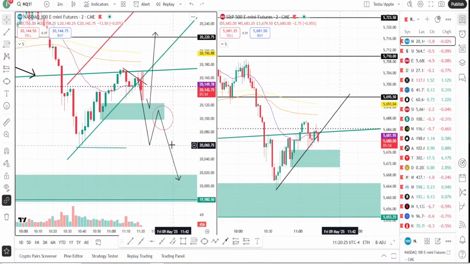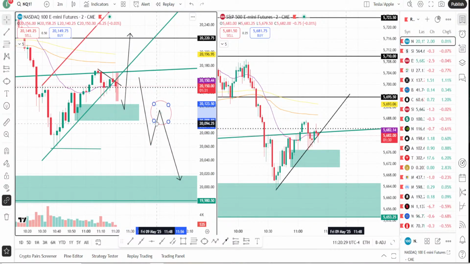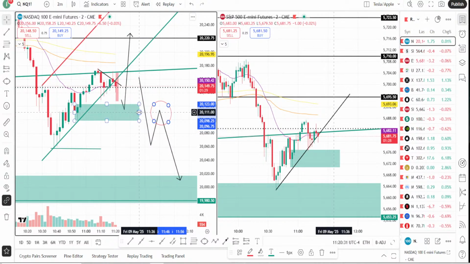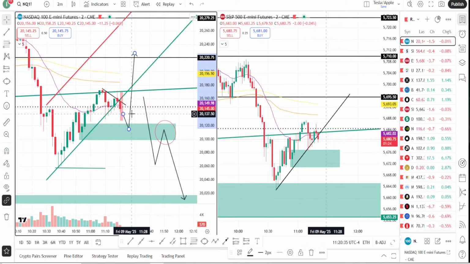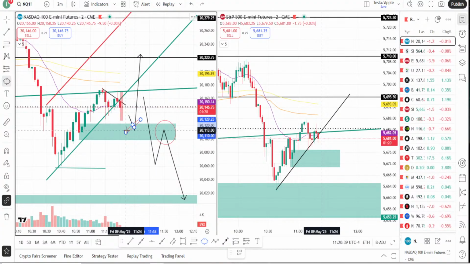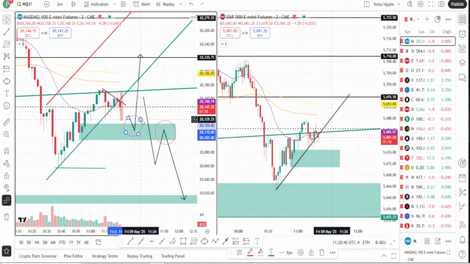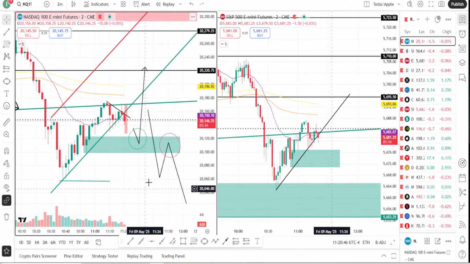Okay. This is how I would sell this. Sell it here, or I would look for the buy here. This will be my buy. This would be my sell here.